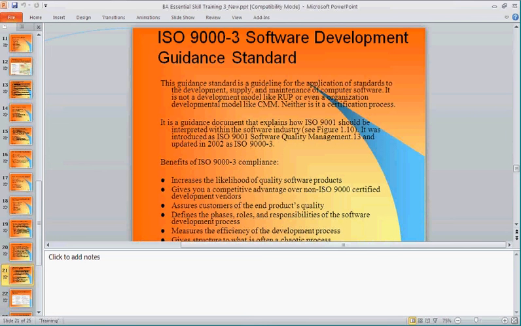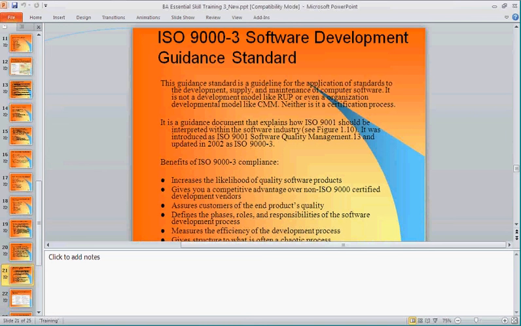Now, ISO 9000 is a series. As and when we have more specifications, we add more. So it just tells you what the guidelines should be, what the standards are. How you maintain those standards is up to you.